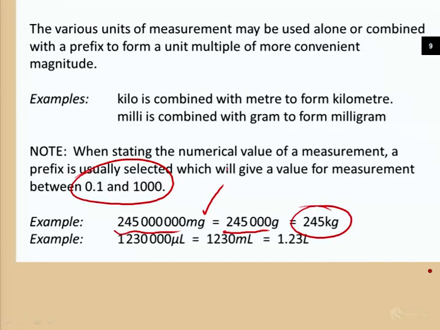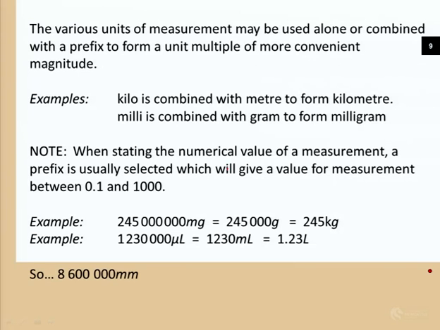Yep. And again, there's another one. That many microliters. I mean, a microliter, probably even hard to see with the naked eye. 1230 mils, 1.23 litres. Okay, so we'll look at how those conversions are done. Here with millimetres, so let's intro, milli is 1,000th. So there's 1,000 millimetres in a metre.